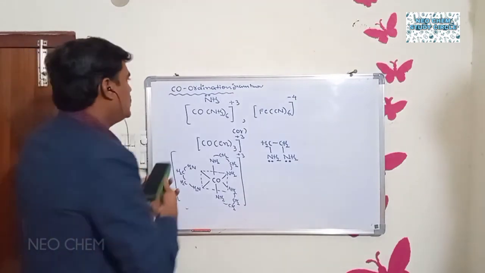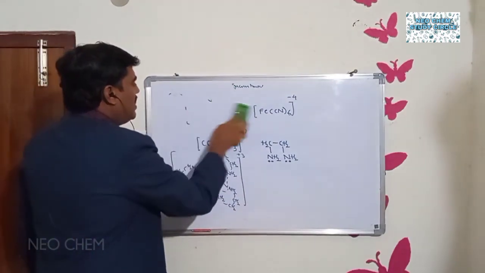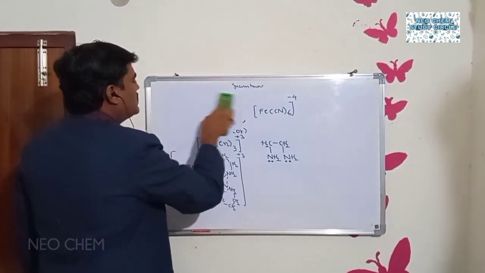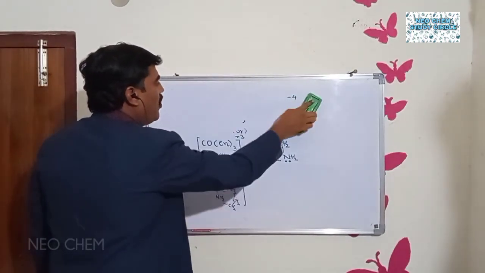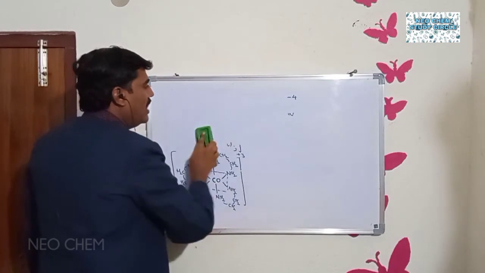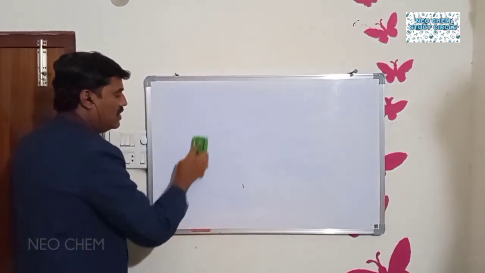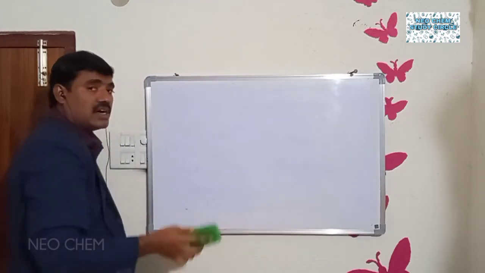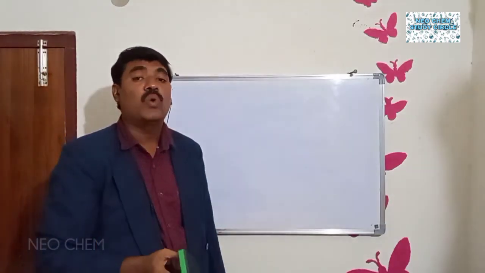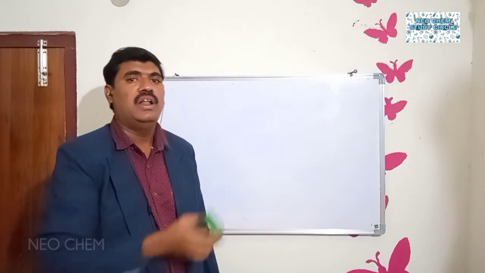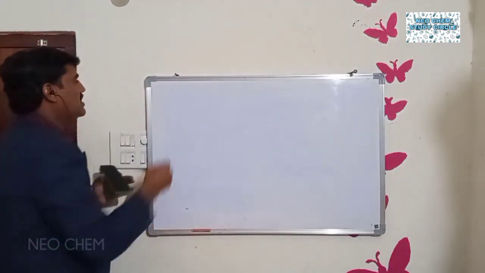Okay now. Next, the coordination number of complex compounds plays an important role in deciding the geometry of the complex compounds. The geometry of the complex compounds depends on the coordination number. Let us see by taking some examples.